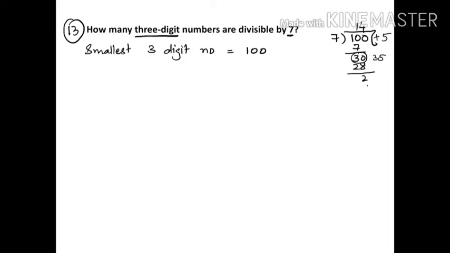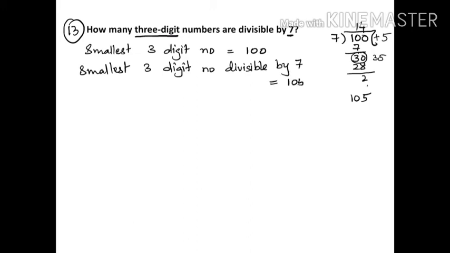That means if we add 5 to 100, then 105 will be the number that is divisible by 7. So smallest 3-digit number divisible by 7 will be 105.